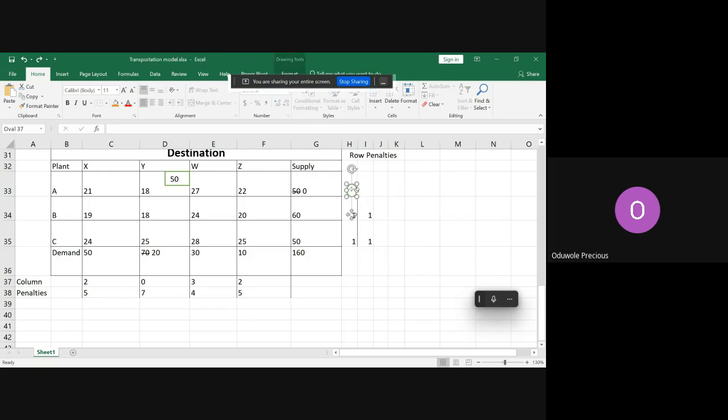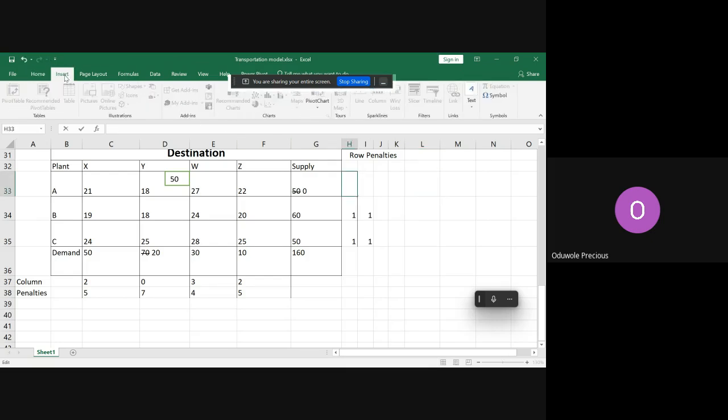Okay, I know what I'll do. Let me insert the shape, then I'll put the figure.